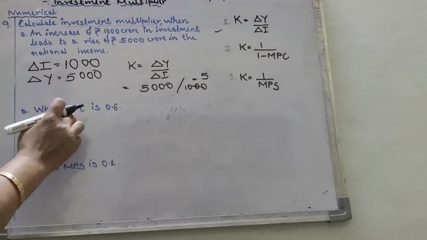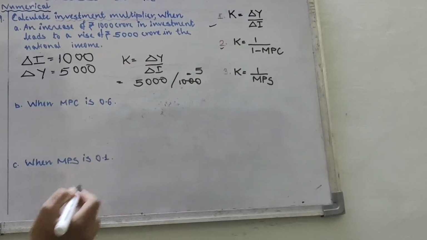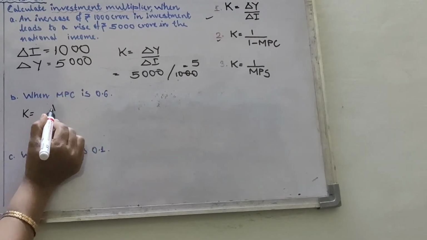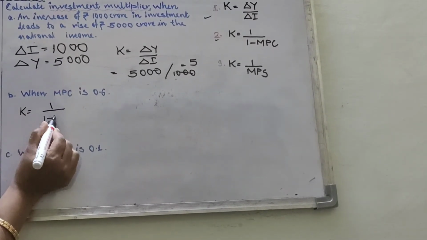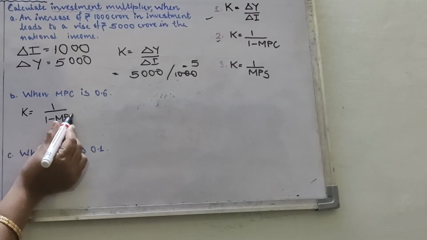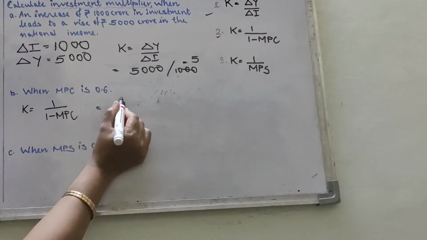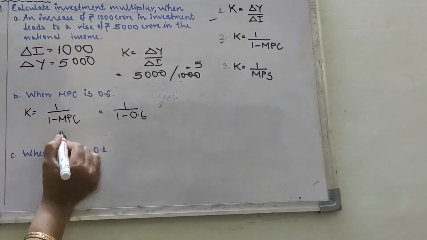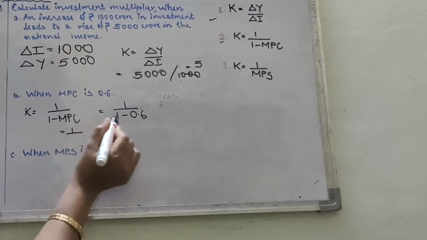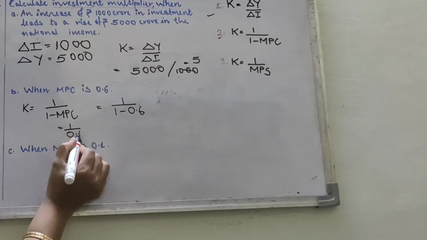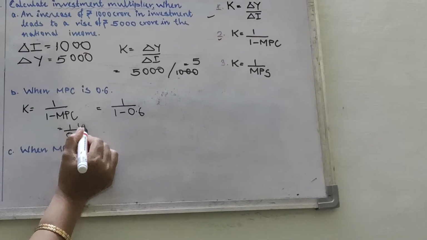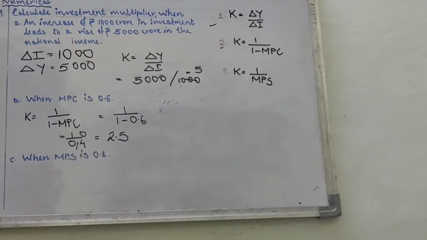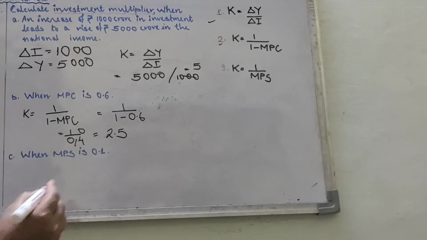If MPC is given, then we will apply the second formula, that is K is equal to 1/(1 minus MPC), which is 1/(1 minus 0.6), which is 1/0.4. That means 2.5. Here the investment multiplier is 2.5.